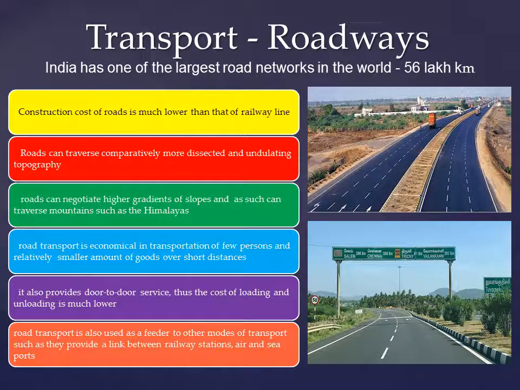Roads can traverse comparatively more dissected and undulating topography. So we can lay roads anywhere, even on mountains, hills or slopes. Roads can negotiate higher gradients of slopes and as such can traverse mountains such as the Himalayas.